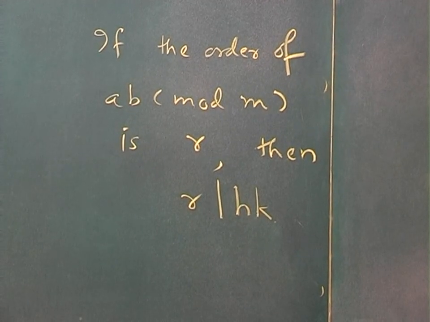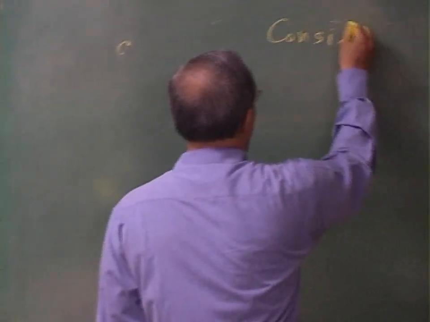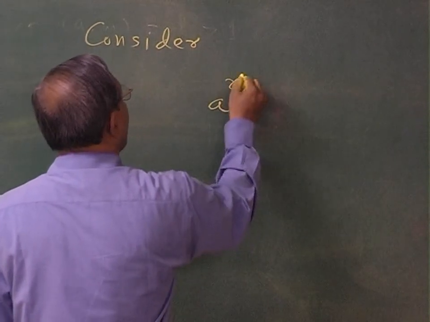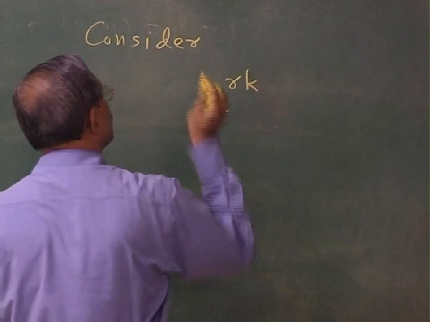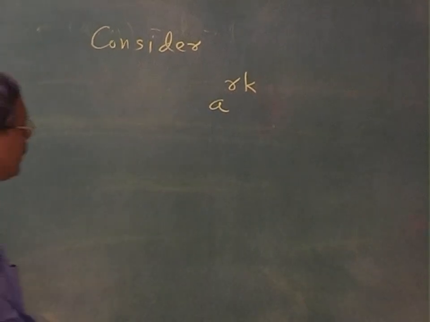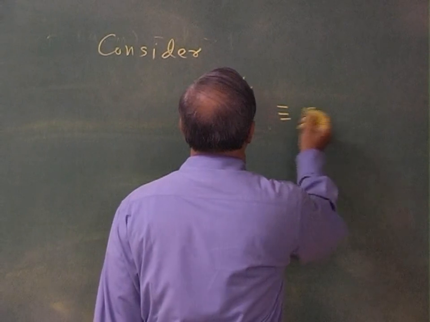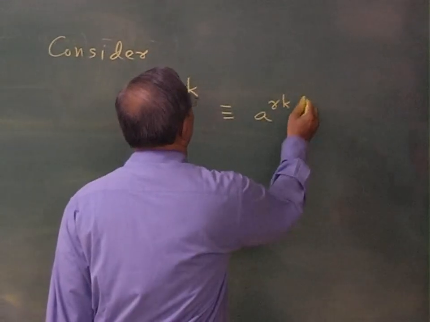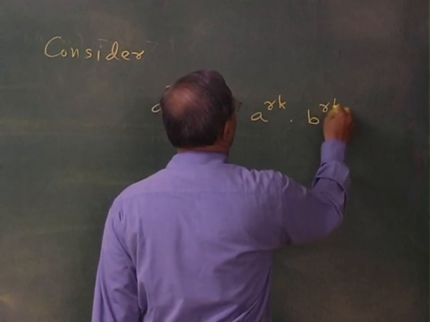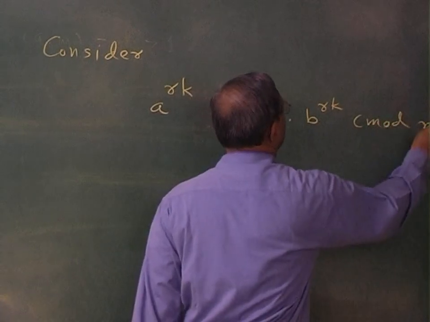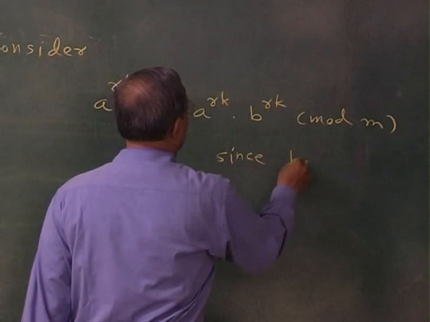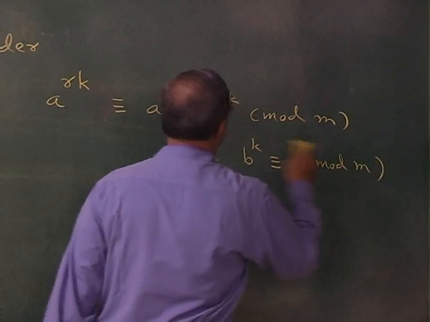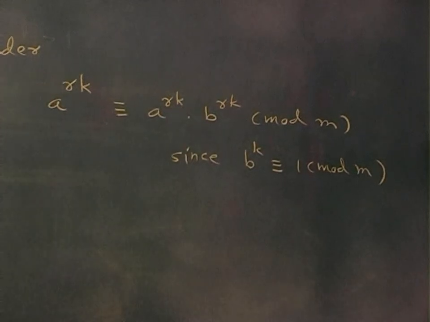So consider A raised to RK. This is congruent to A raised to RK into B raised to RK mod M, since B raised to K is congruent to 1 mod M, so B raised to RK, that is B raised to K raised to R, is 1.